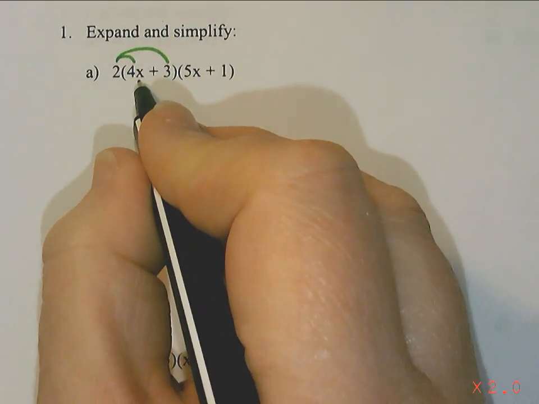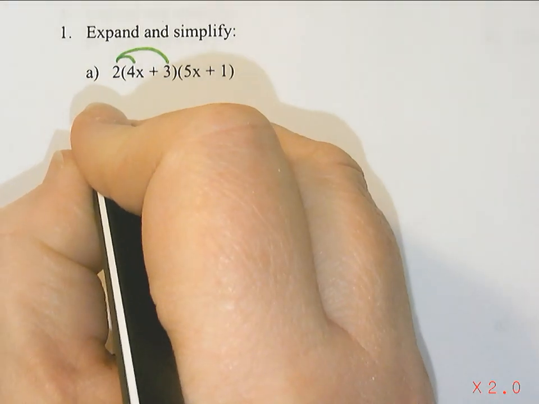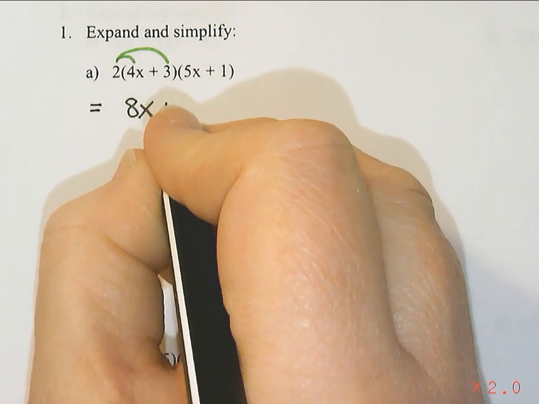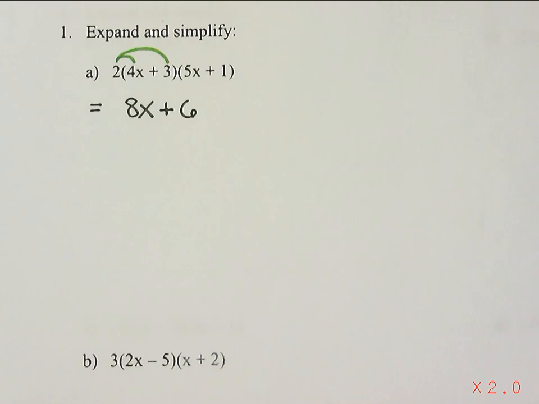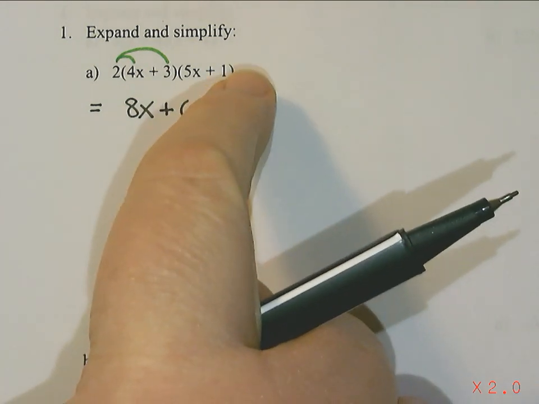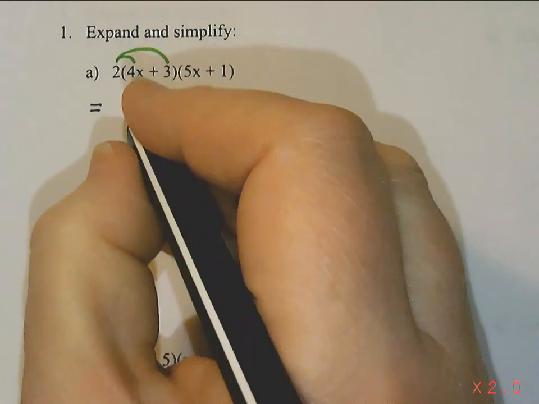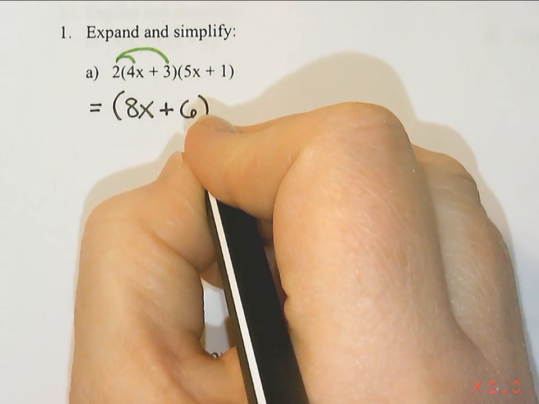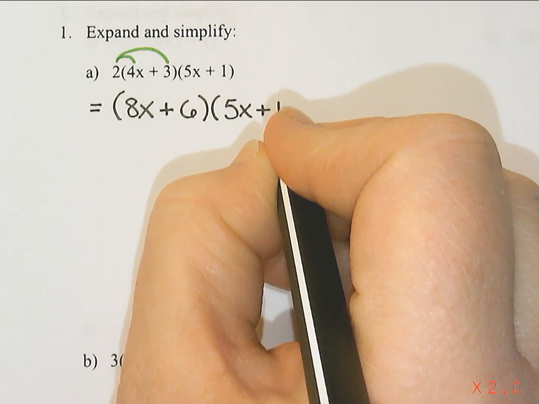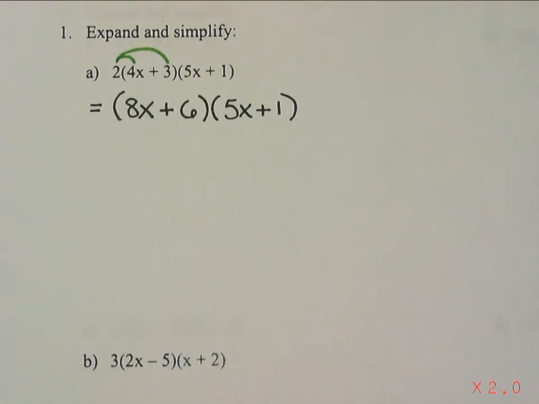So 2 times 4x is 8x. And then 2 times 3 is 6. Now, this still needs to be multiplied by 5x + 1, so I need to keep it in a bracket to show that we still need to multiply it by the second bracket, 5x + 1.